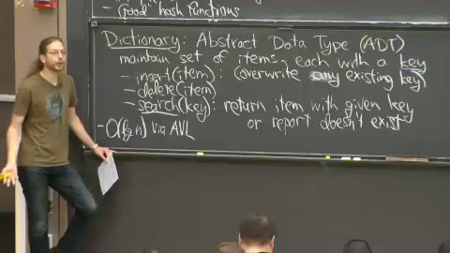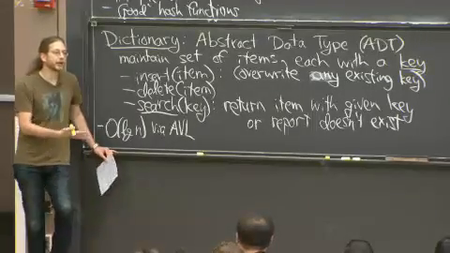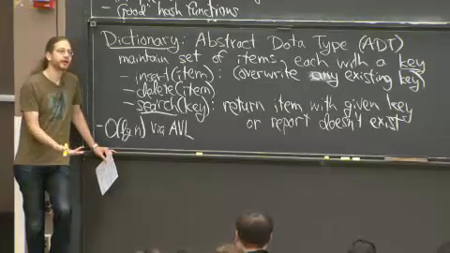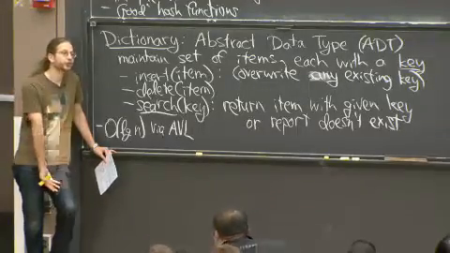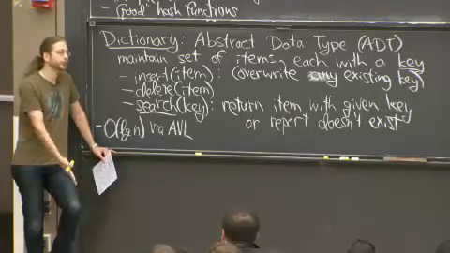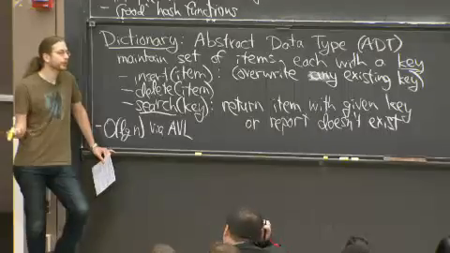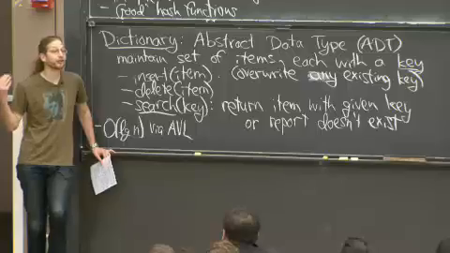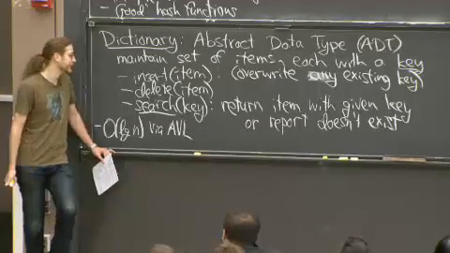But it turns out you can do better. Last class was about how, in the comparison model, the best way to sort is n log n, and the best way to search is log n. Then we saw in the RAM model, where if you assume your items are integers, we can sort faster. Sometimes we can sort in linear time. Today's lecture is about how to search faster than log n time.